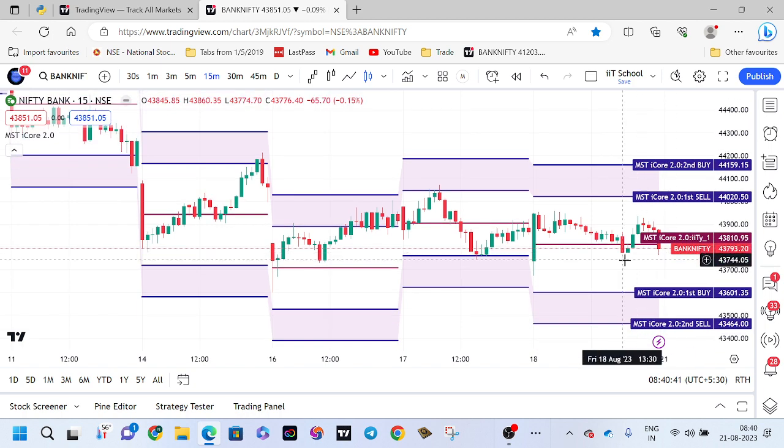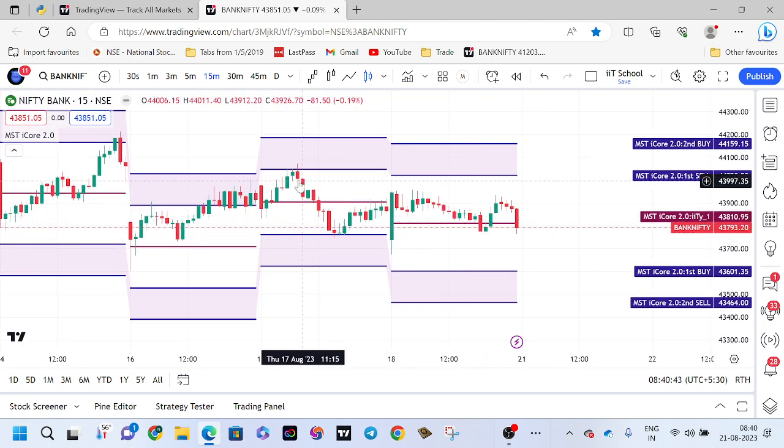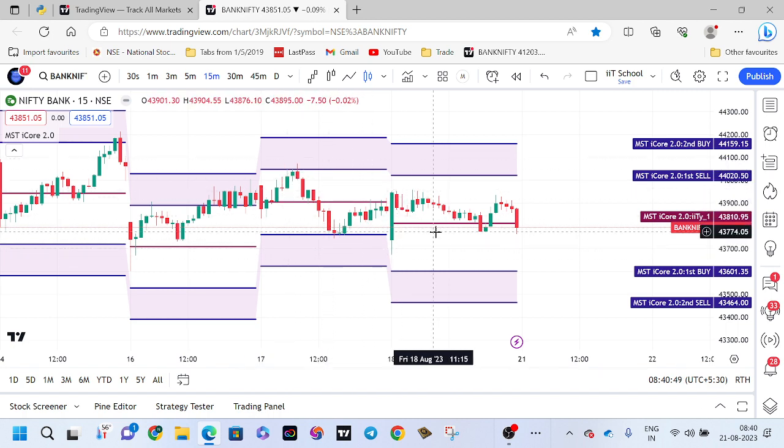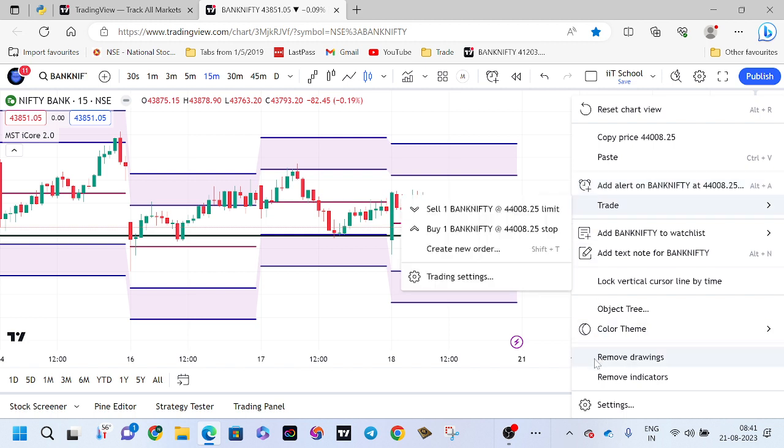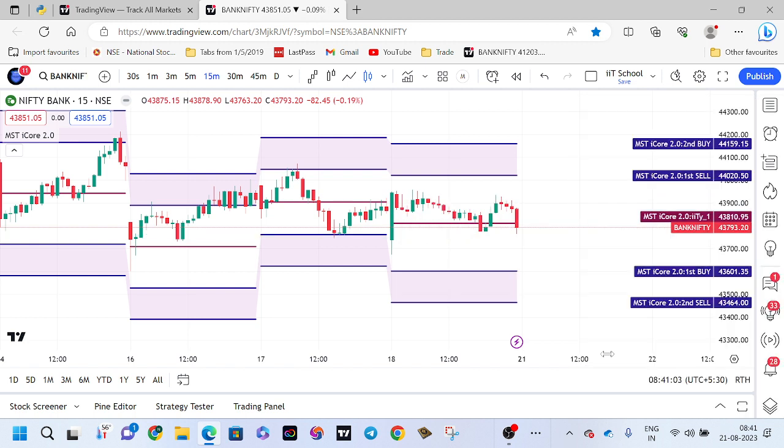What happened yesterday? You will see, the day before yesterday we got a sell entry, then a perfect buy, and we got the full target. Again a buy entry, and we got the target. So the buy entry continued yesterday and today also. If we see exclusively yesterday, we had no entries in Bank Nifty.